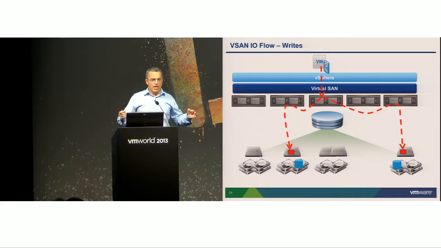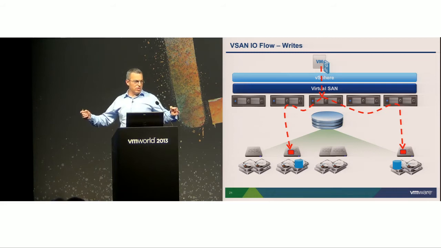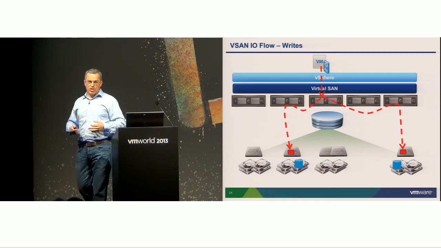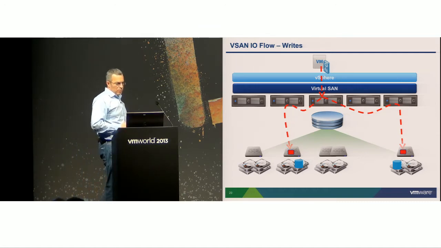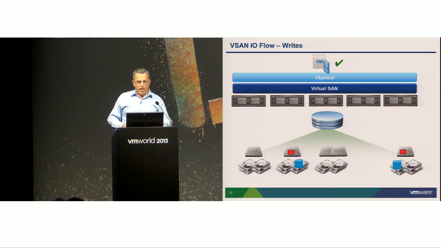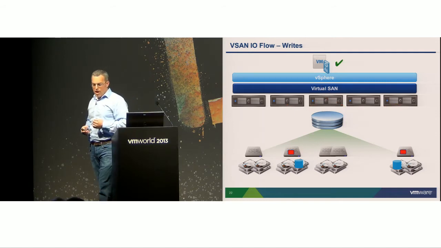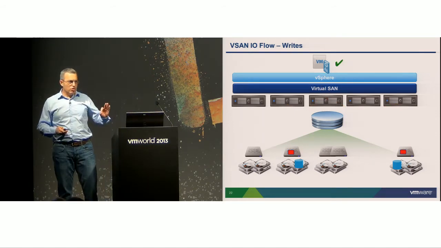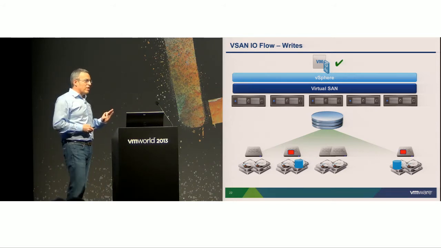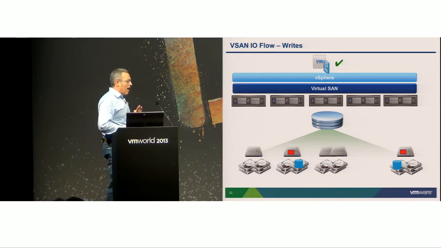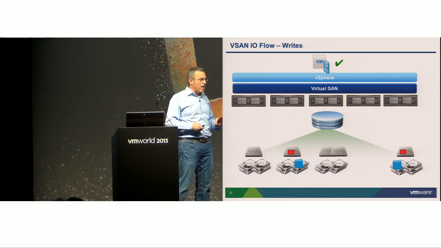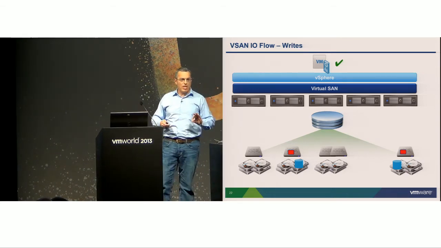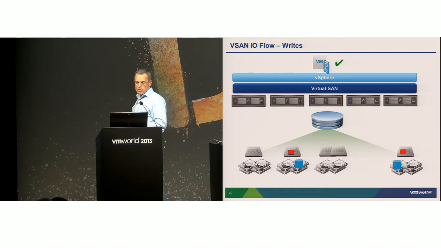As soon as the writes make it on all the flash devices of the replicas, then we can acknowledge that the write is complete back to the guest operating system. That means, in other words, that from the moment a write completes to the guest operating system, we guarantee that we have sufficient redundancy as has been requested by the policy that the user specified.